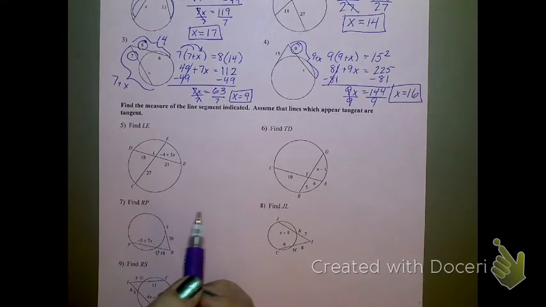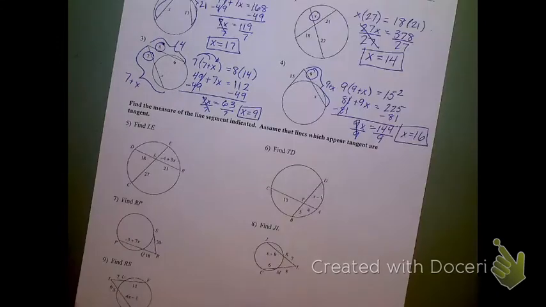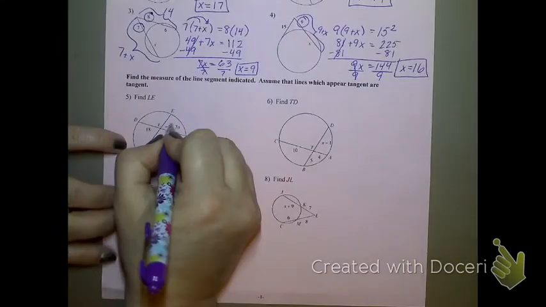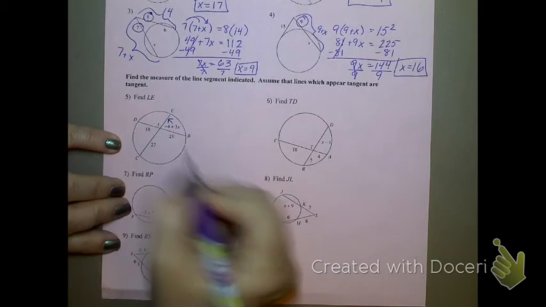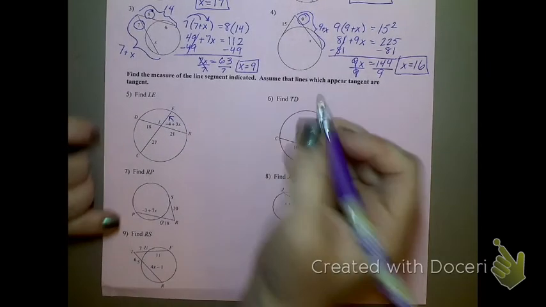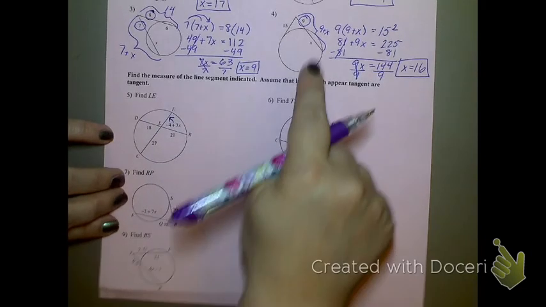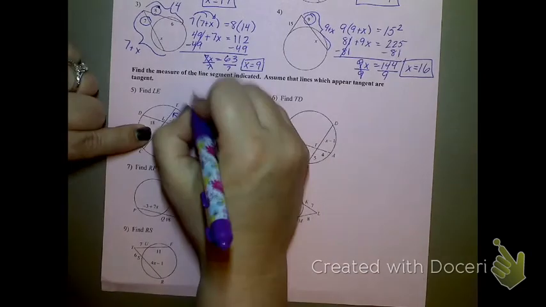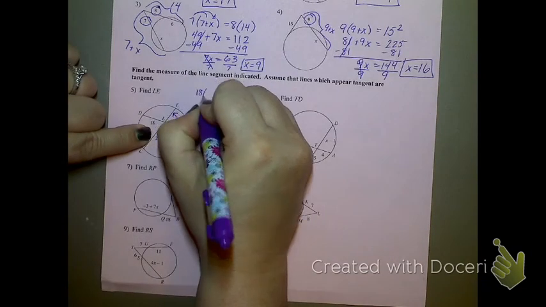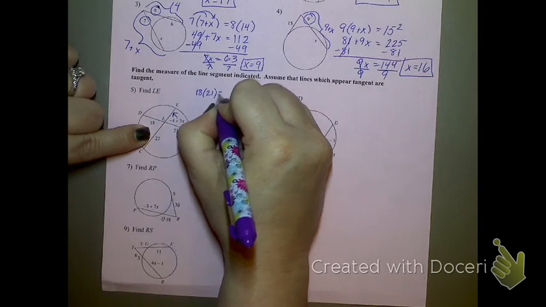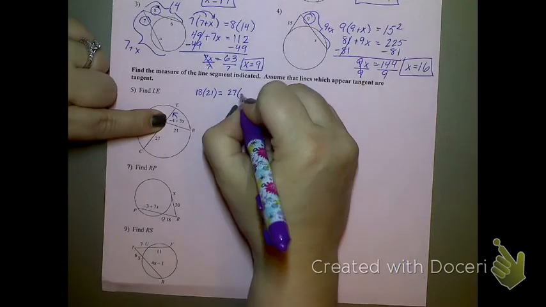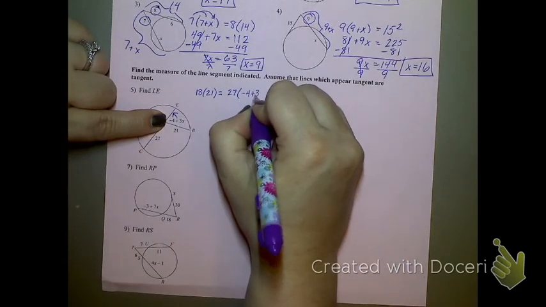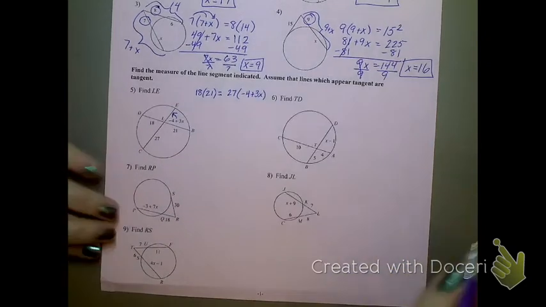Let's see. Okay, so this one's a little tricky to see, but LE is actually what's being labeled as -4 plus 3x. So I'm going to set up the same type of equation that I did up in number 2. So I'm going to say 18 times 21 is equal to 27 times what? -4 plus 3x. Now on this one, it's not going to be enough just to get x.